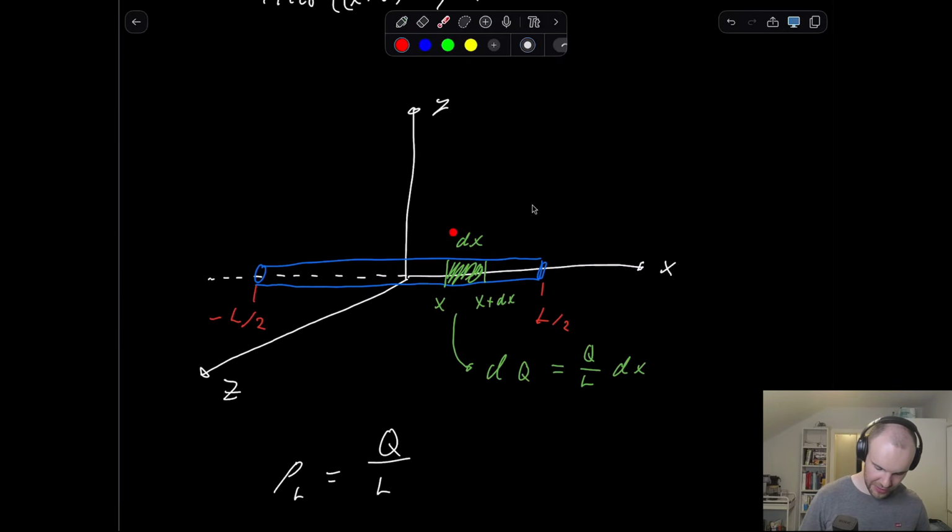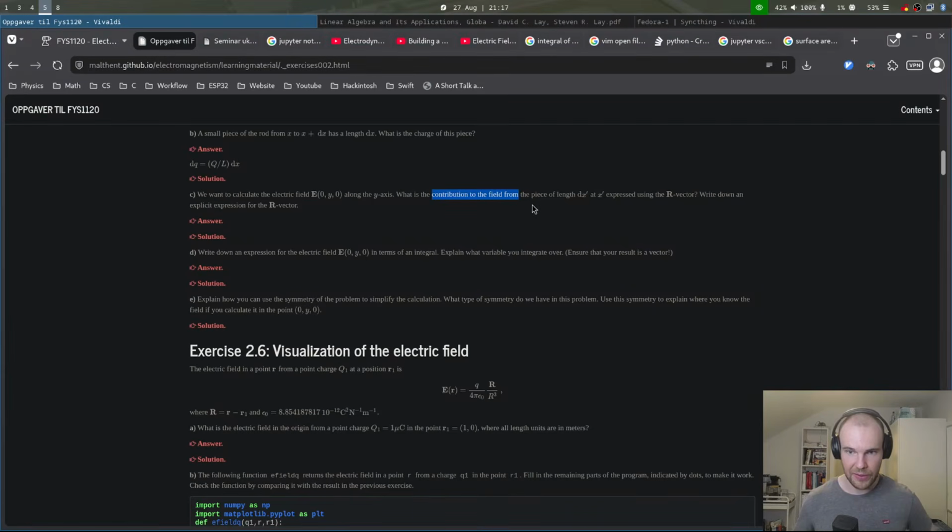Because again, this guy pushes there, but we also have a push there. So the push itself is just up, right? You can see that very clearly. So what is the contribution to the field of the piece dx at x? So we just want one piece first. So we just have then dE.